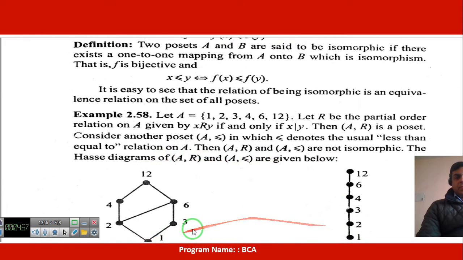There is a 1, and there should be the mapping of 2 and 3. 2 and 3 have the supremum value 6. But here 2 has the supremum value 3, 3 has 4, 4 has 6, 6 has 12. There is no one-to-one correspondence. 4 has the supremum value 12, but here 4 has the value 6. So they are not isomorphic. They don't have any one-to-one correspondence.